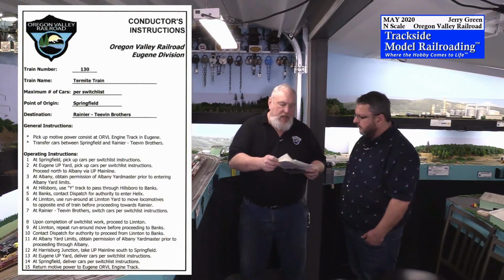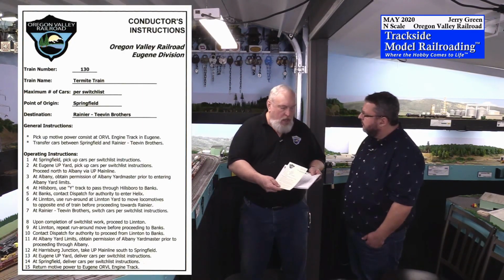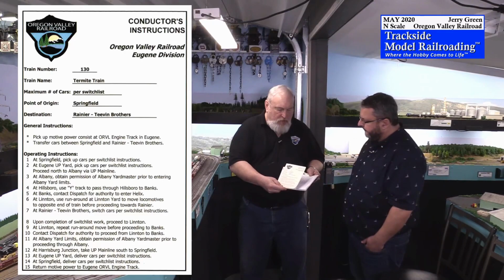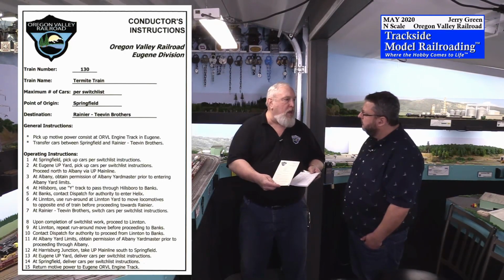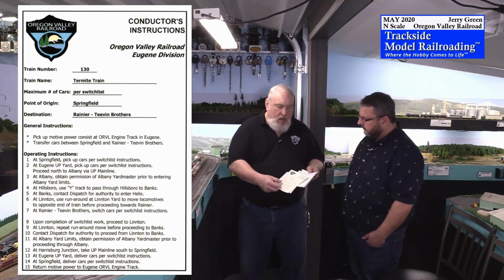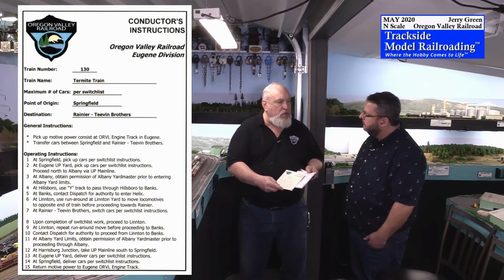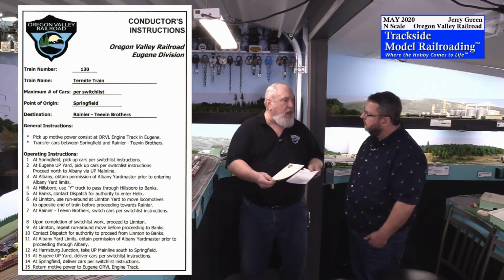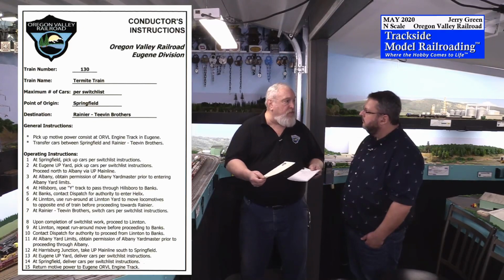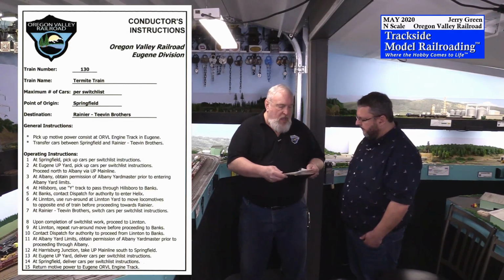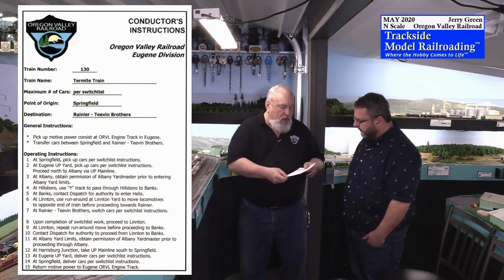Okay. The second is specific to the train that they're running. So it gives them the train number, gives them the train name, where they're starting from and where they're going to, and then either specific instructions or hints on how to run that train to make sure that it works as efficiently and effectively as possible. Okay. The third part of that then, and those 2 stay with that clipboard the whole time.